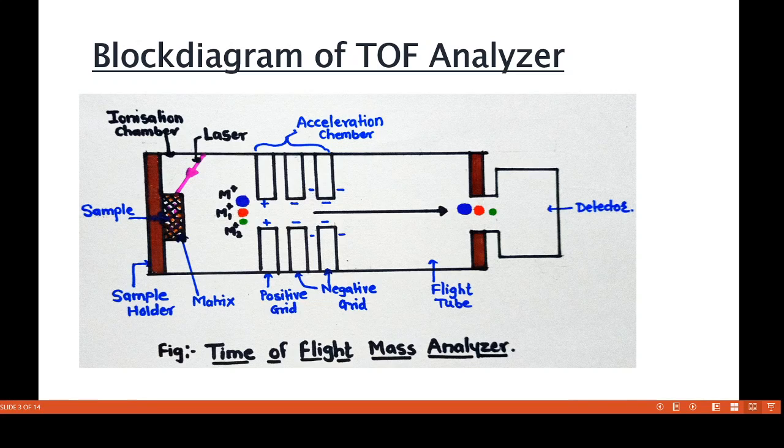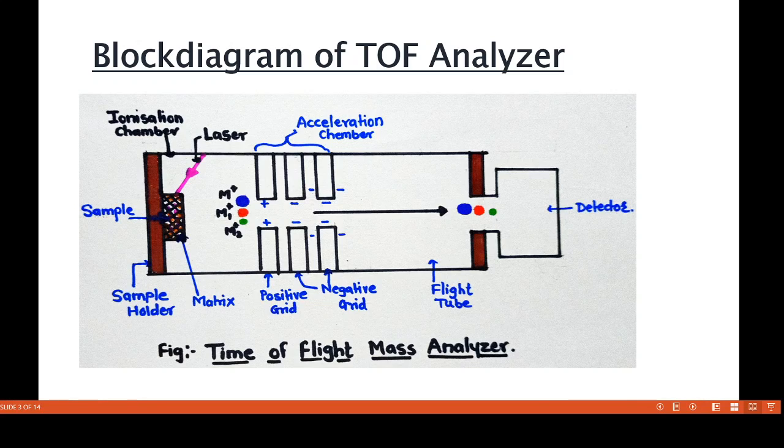Then we say that the velocity of these ions depends on the mass of the ion. Lighter ions have higher velocity as compared to heavier ions. If ions are traveling towards the detector, then the lighter ion will strike the detector first due to higher velocity.